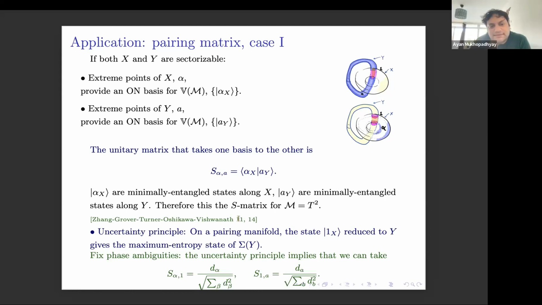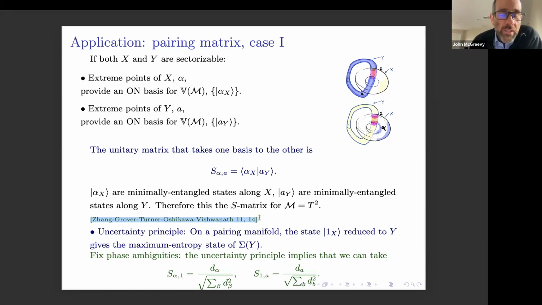Exactly. But what do you mean by something being a minimally entangled state along X? Right, so here I'm referring to this work. If I put some Hamiltonian with topological order on the torus, there's a ground state degeneracy, a collection of ground states, and how do we organize them?